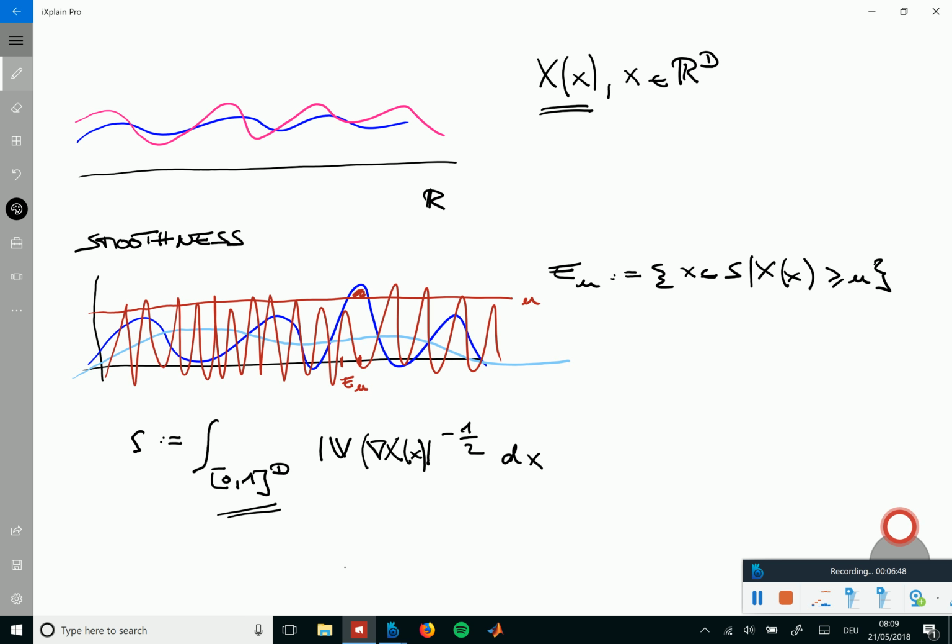And then we looked at a couple of examples for that. Specifically, we looked at the case that we are dealing with the one-dimensional case, so d = 1. And then we discussed that if we have a Gaussian covariance function for a Gaussian random field, which has this parameter L that we also looked at previously, then one can show that this smoothness measure evaluates to this length parameter of the Gaussian covariance function.